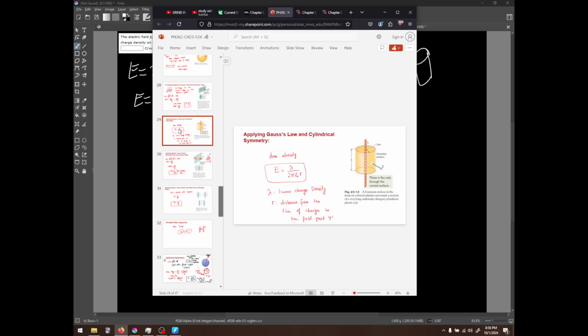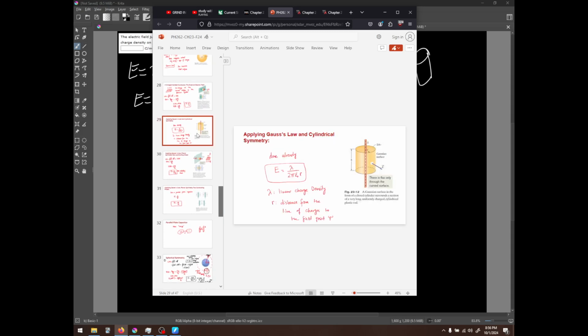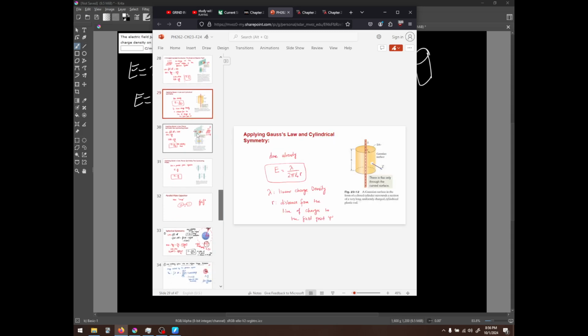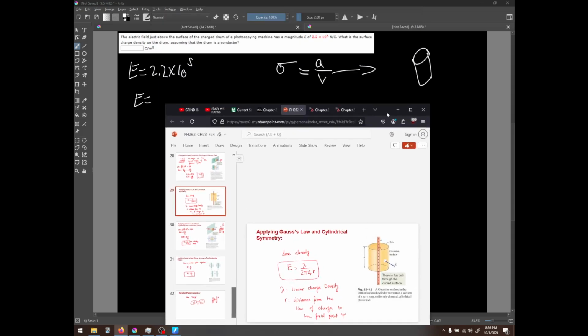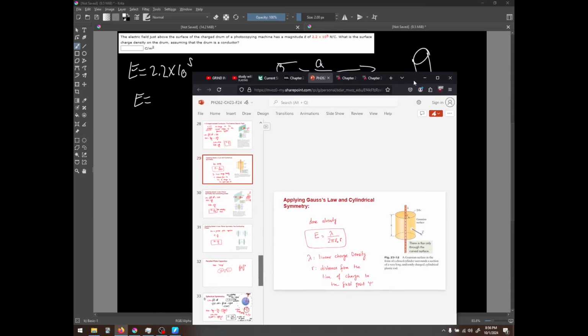For a cylinder, oh, that one requires R. This is looking eerily close to the drum that I made, though. Lambda over 2 pi epsilon 0 R. Is that what we're finding, is R? No, they just want the charge density.